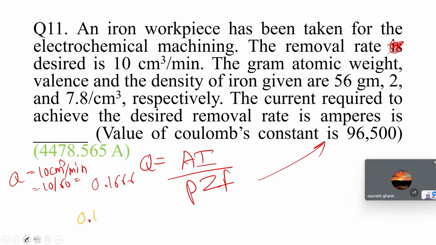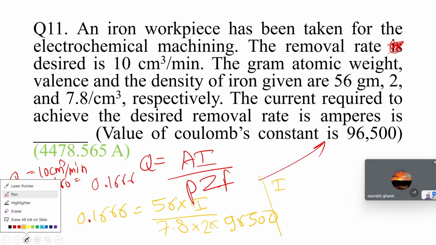This is 0.1666 equal to A. What is your A? 56. What is your I? I have to find out, so it will be X. Density 7.8, number of valency is 2, and F is 96500. You just calculate your I with a proper arrangement of the formula.